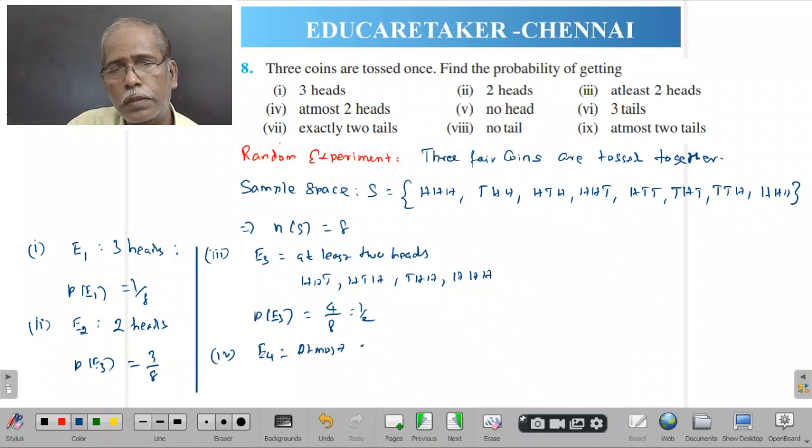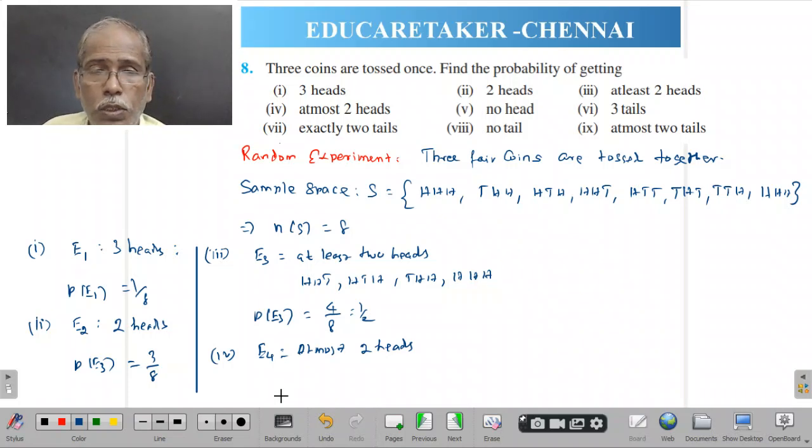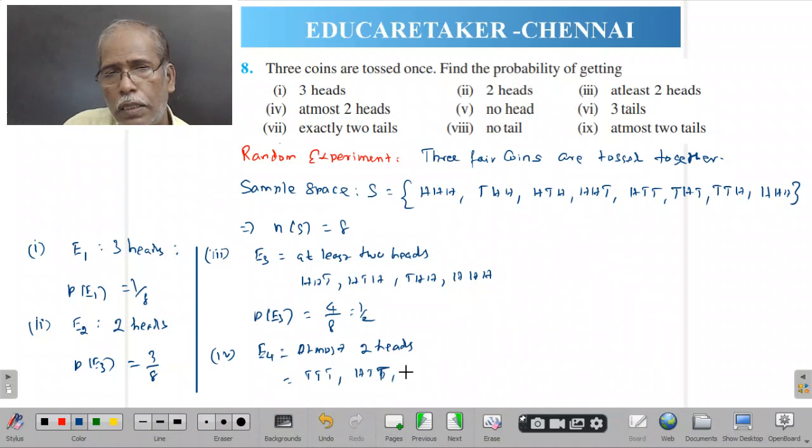Then the fourth subdivision, at most 2 heads, E4. At most means maximum 2. So at least we can start with 0 heads, 1 head and 2 heads. 0 heads mean all 3 are tails, and 1 head means head, tail, tail; tail, head, tail; and tail, tail, head.